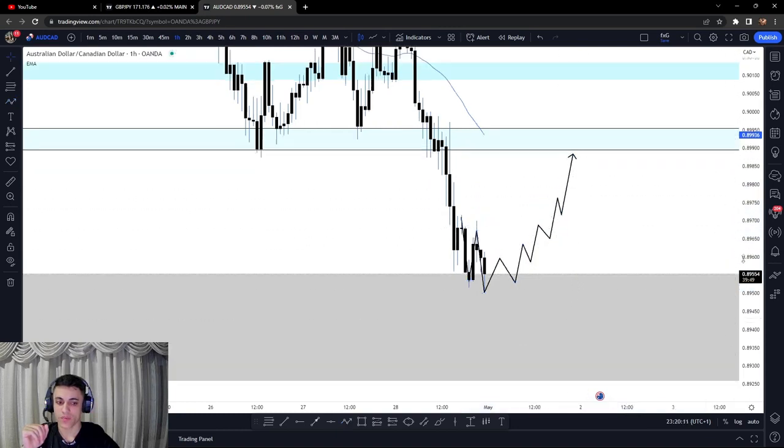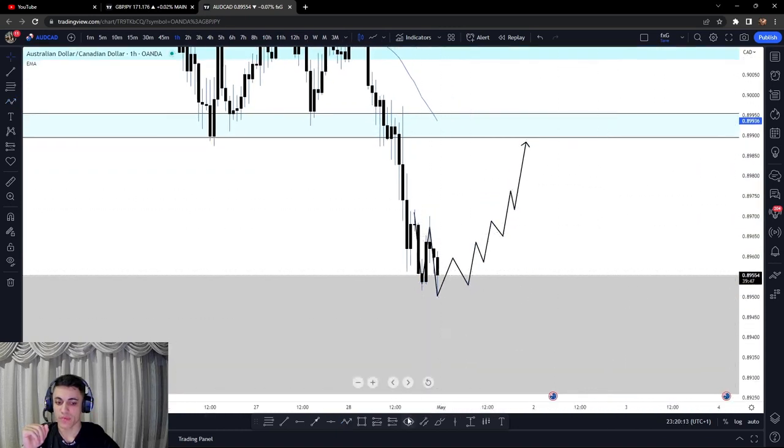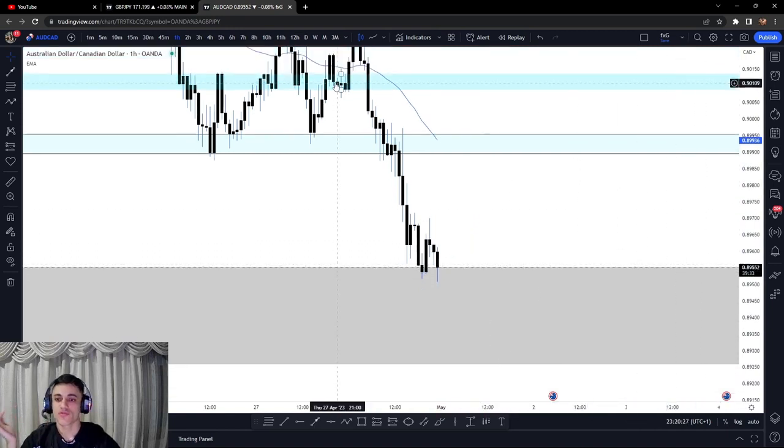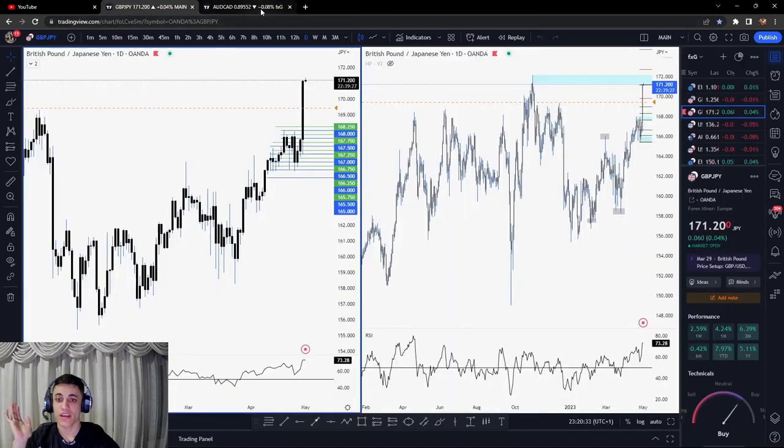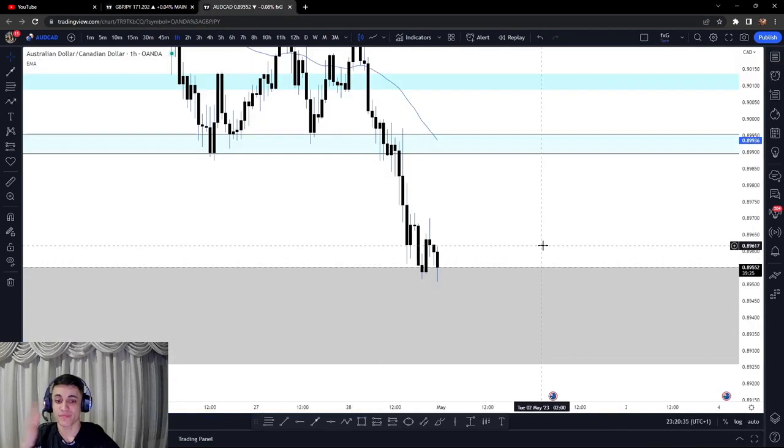And right here is where you should be buying after the break of structure, and then the retest, and then that's where you enter your buy if it does that. So this is the swing trading style. If you want to do it, you just gotta be patient and have a lot of time.